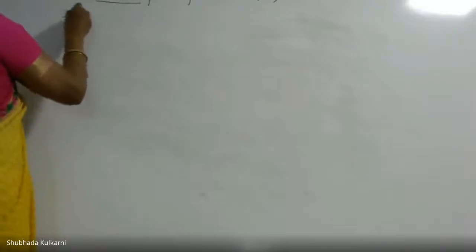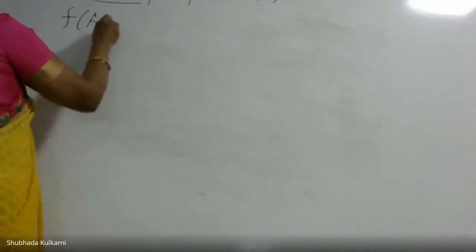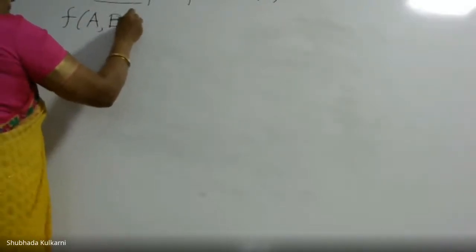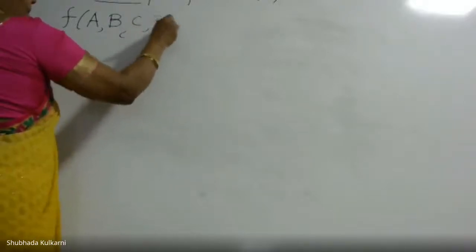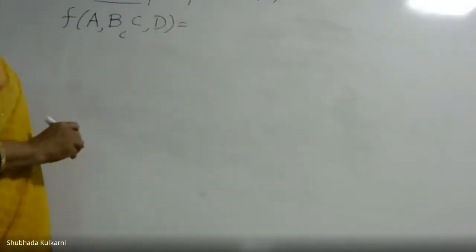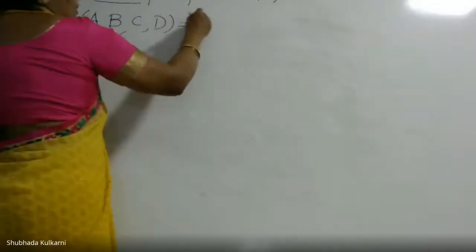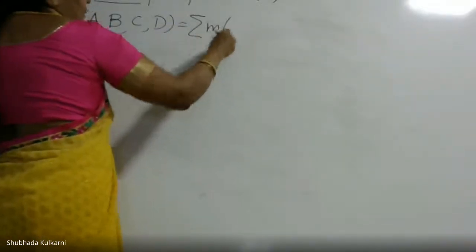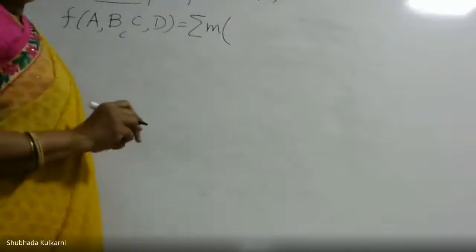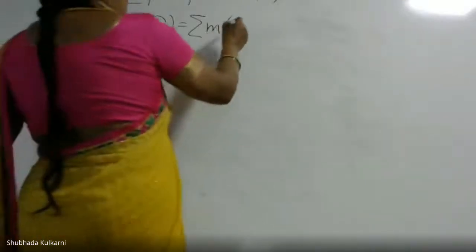F of A, B, C, D. Now here the problem is of bigger size. A, B, C, D. I think the screen is visible, no, madam?